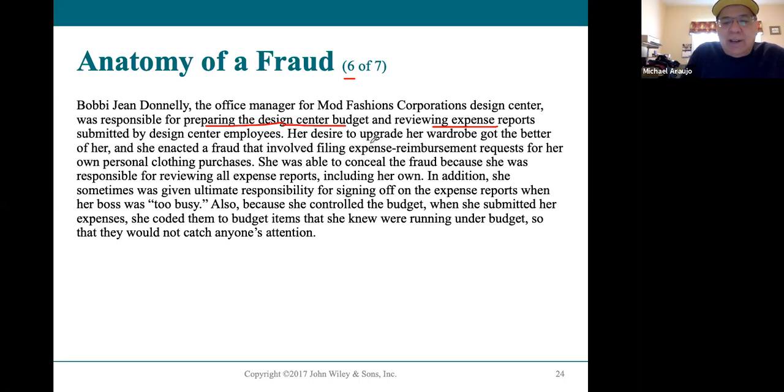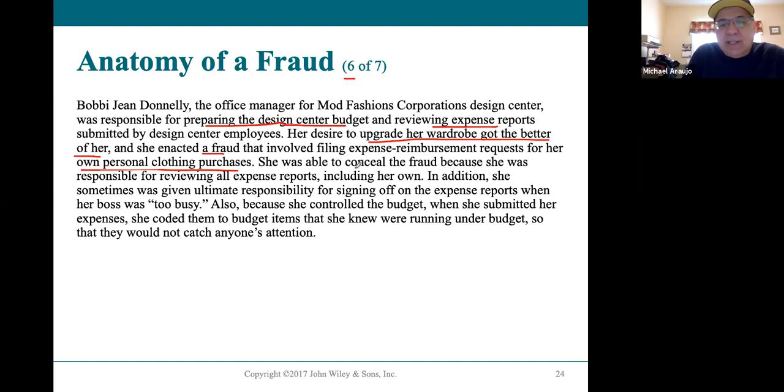Her desire to upgrade her wardrobe got the better of her. That's the rationalization we talked about. And she enacted a fraud involving filing expense reimbursement requests for her own personal clothing. Ouch.